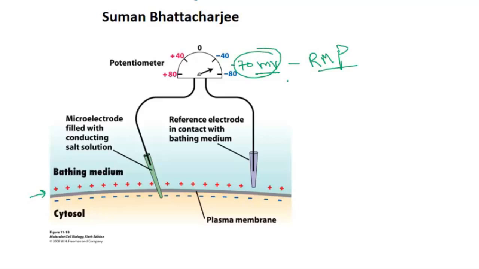Now the question is how this resting membrane potential is established. As I told you, it's due to the opening and closing of ion channels. But obviously we need to go into the details of how ion channels open and close to produce this minus 70 millivolt membrane potential. Question number 2 is how the cell maintains this minus 70 millivolt membrane potential.